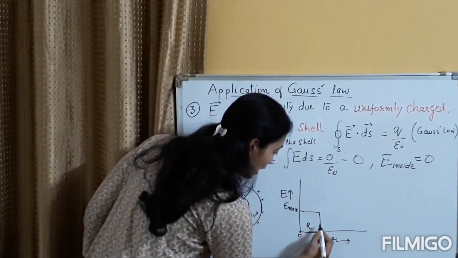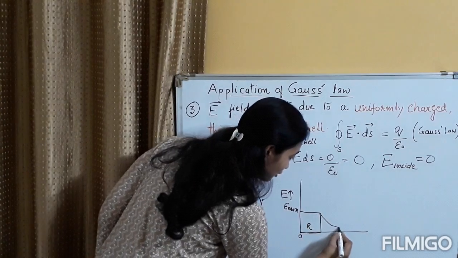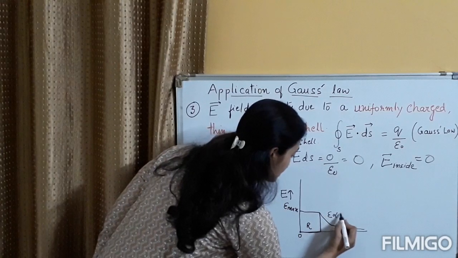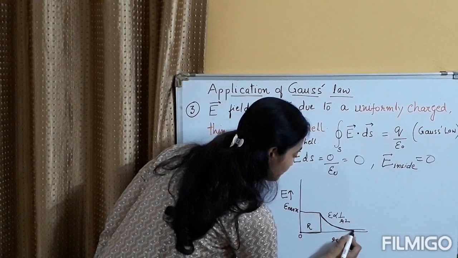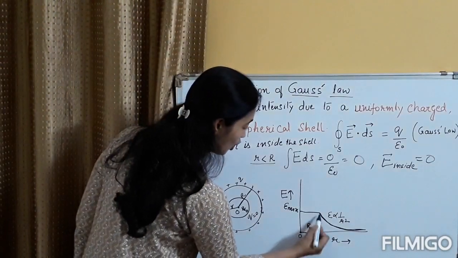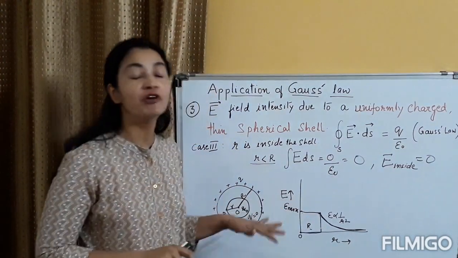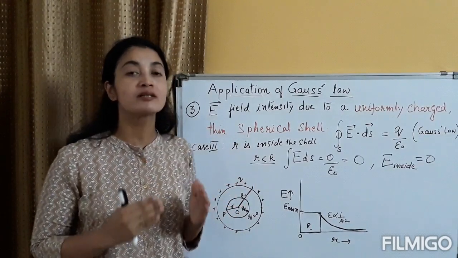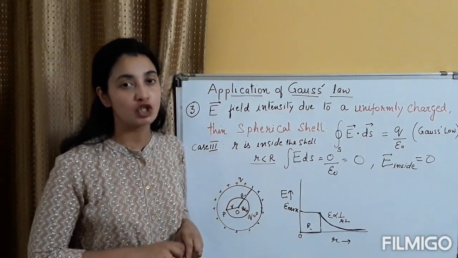And after the radius, when you come out of the shell, the electric field falls off like this, because you know that E is inversely proportional to r square, so it decreases outside the radius, and till the radius it is 0. At the radius the value is maximum. I hope this graph will help you register the conclusion in your mind, that electric field is maximum on the surface of the shell itself.